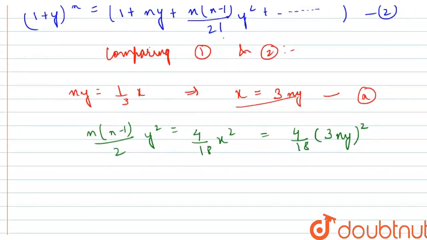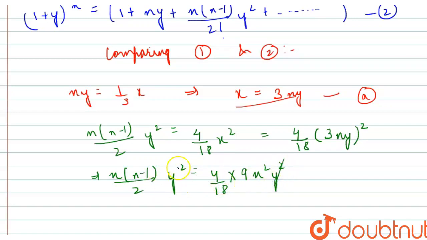Solving it further, what I get: n into n minus 1 upon 2 y square is equal to 4 upon 18 into 9n square y square. y square cancels with y square. 9 2s are 18 and 2 2s are 4. So we are left with n into n minus 1 upon 2 is equal to 2n square.